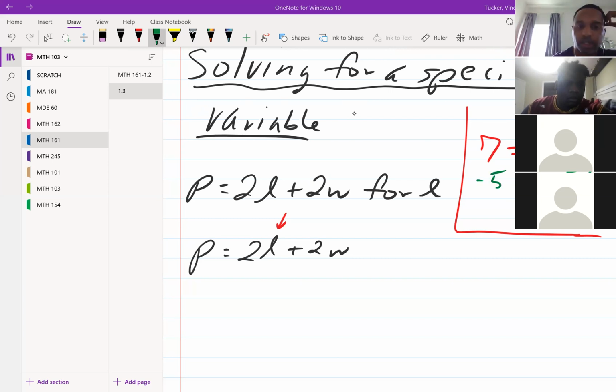Somebody in the chat asked was there an interest problem in the test? I don't remember what I put in the test. I have to look at the test review. That will let you know what's actually in the test.